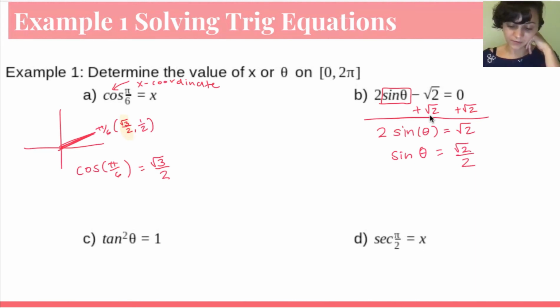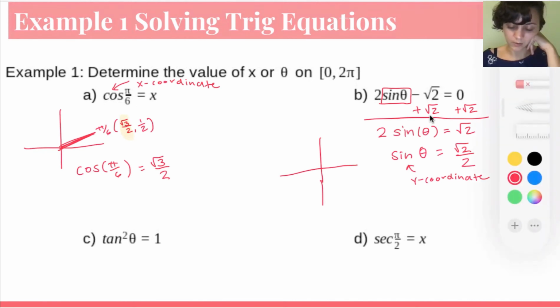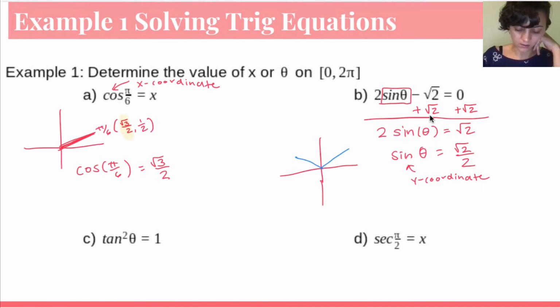So then I need to figure out at what angle sine is square root of 2 over 2. Sine is the y coordinate, so when is the y coordinate square root of 2 over 2? That's going to be right here and right here. So I have square root of 2 over 2, square root of 2 over 2, and here I have negative square root of 2 over 2, square root of 2 over 2.